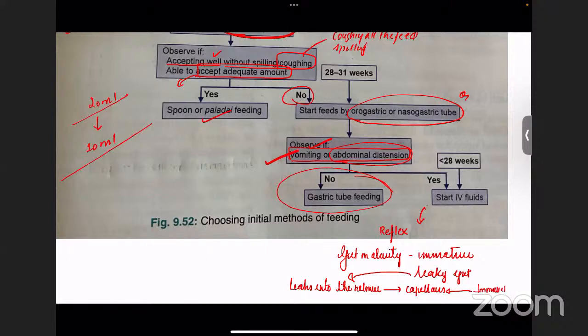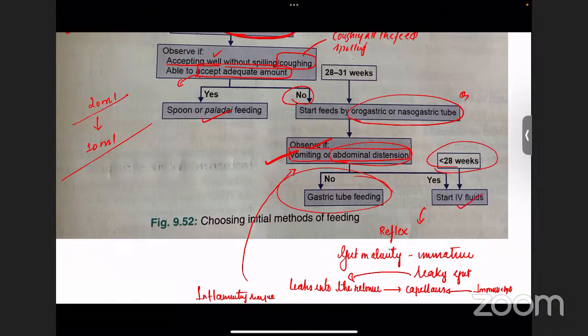That immune system will have an inflammatory response. This leaky gut will increase the inflammatory response and lead to abdominal distension and also some kind of vomiting.